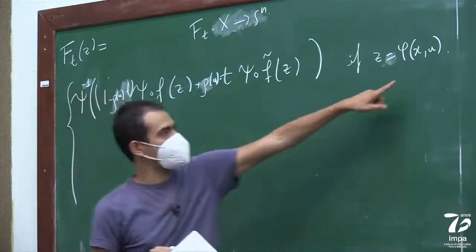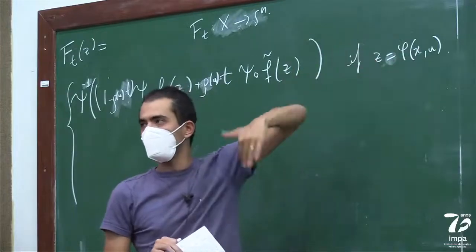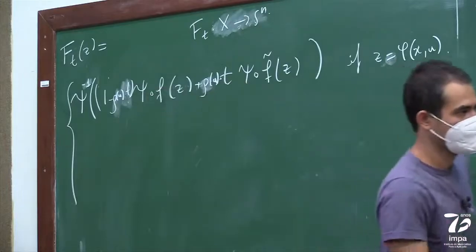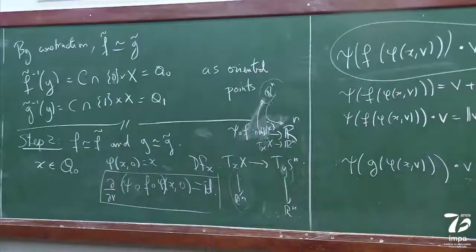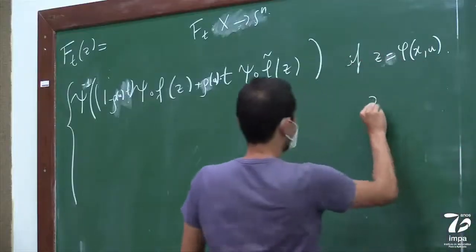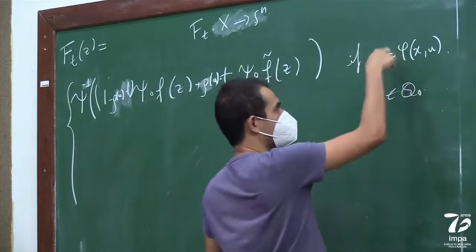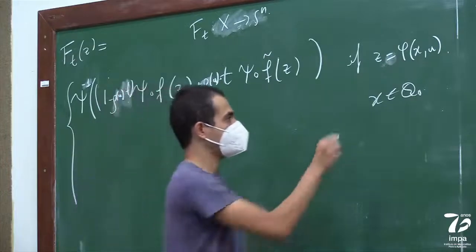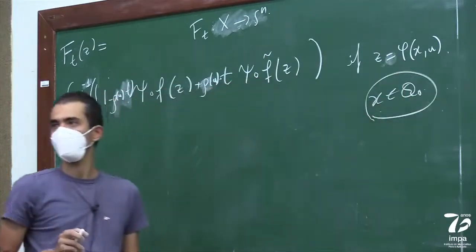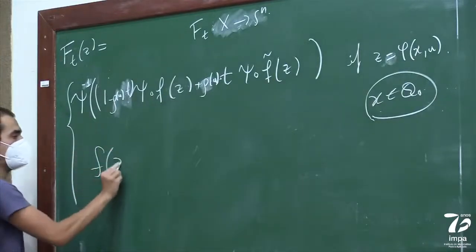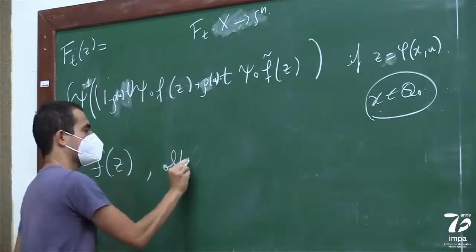So my cylinder now, it's not a cylinder anymore. I'm just thickening it only on the 0. I'm only looking over here. So my x now is not on C anymore. My x is only on Q0. So x is a point in Q0. This phi here, I'm just restricting it to 0 times x. Okay, so I do this, and outside of this guy, I just say it's equal to f of z. Otherwise.